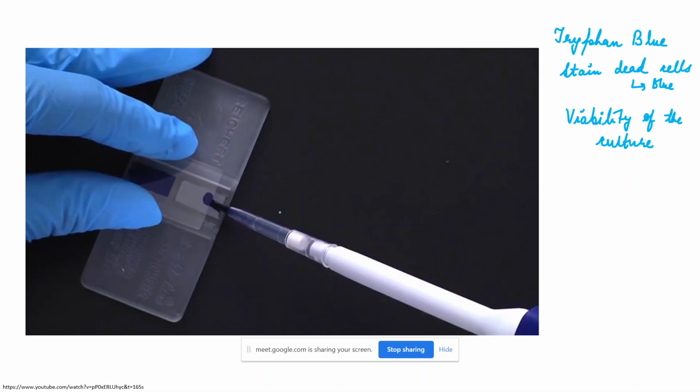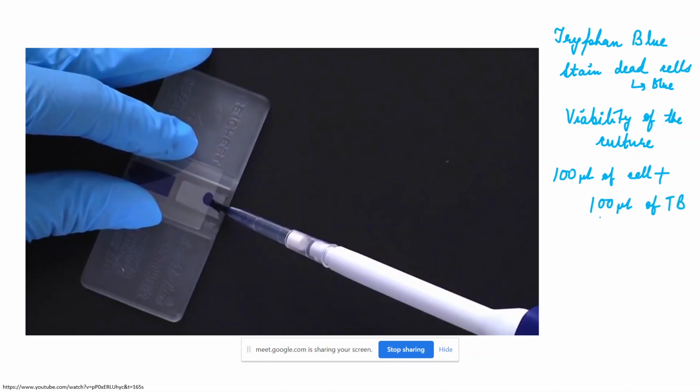So the routine procedure followed in labs is, whatever the volume of culture you are taking, suppose you are taking 100 microliter of your cell solution, then to that you add 100 microliter of trypan blue stain.